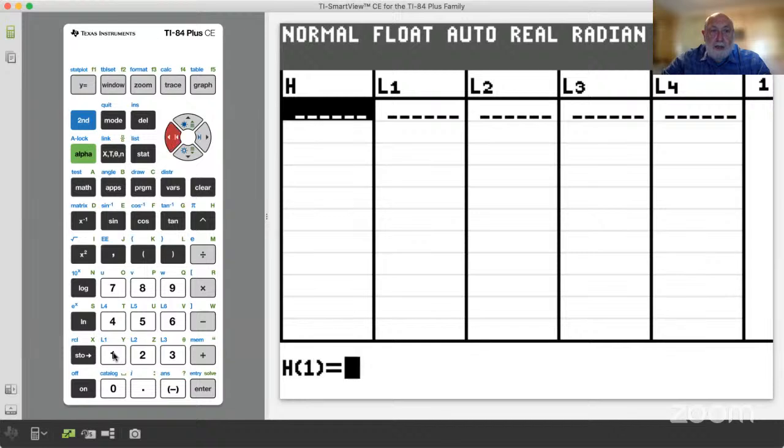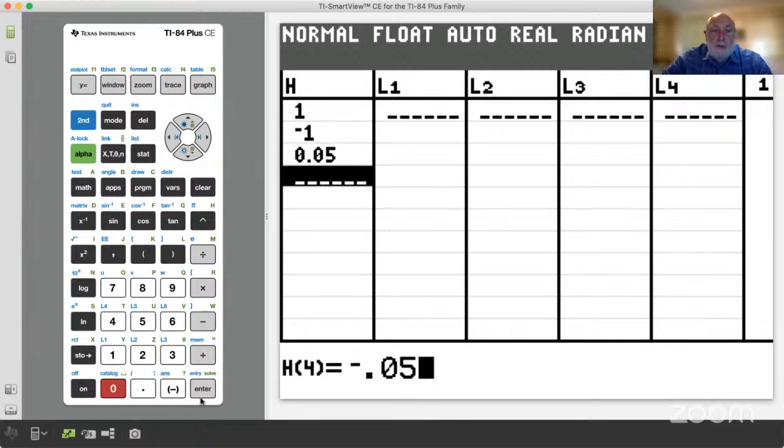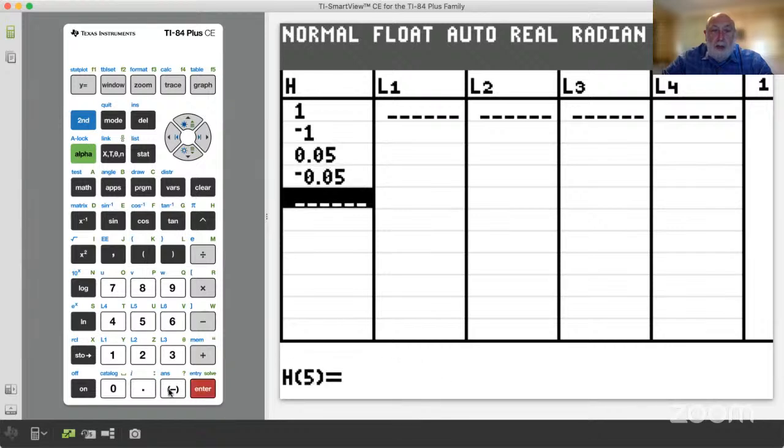Okay, so let's put in 1 and -1. And then I think the next values were plus or minus 0.05. So 0.05, -0.05. And then we've got 0.01 and -0.01.